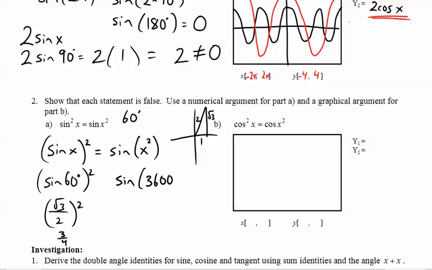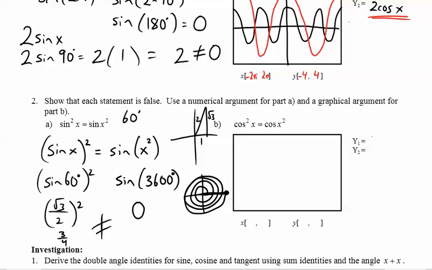That was a really good choice. That's 10 times around, and we're going to end up right back at 0 again. So sine of 3600 is 0. The y-coordinate is 0. 0 is not equal to 3 over 4. So this is not true for 60 degrees.